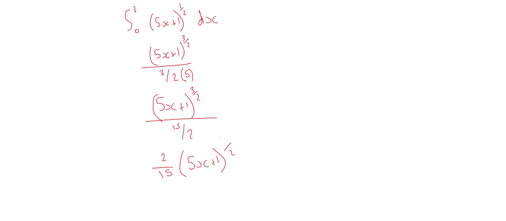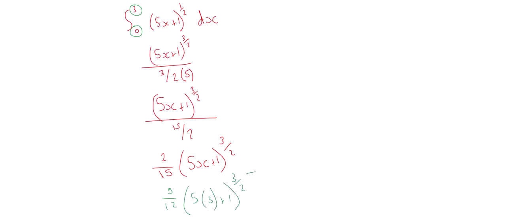All right, so now that I have my integration, I need to use the two numbers. So I need to substitute in my 3 and my 0. So I'm going to say that 2/15 times 5 times 3 plus 1 all to the power of 3 halves.